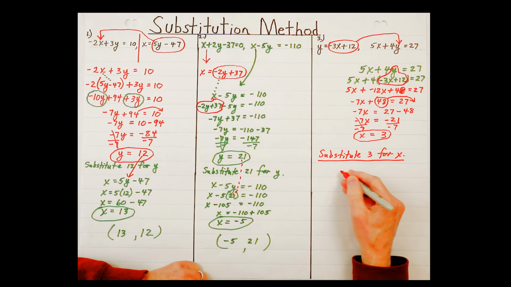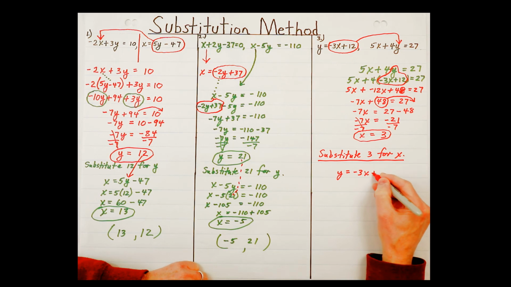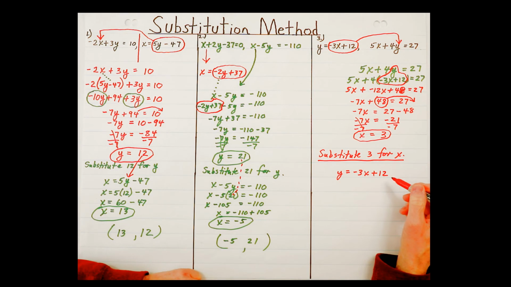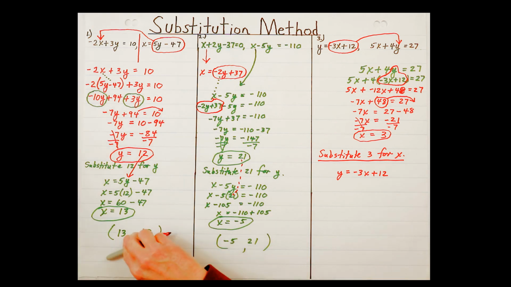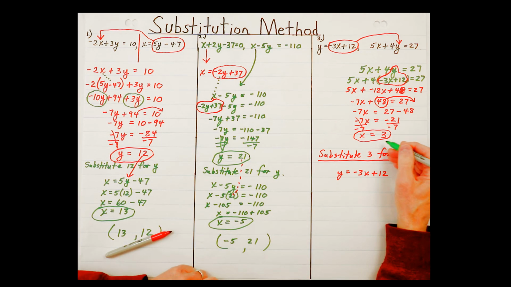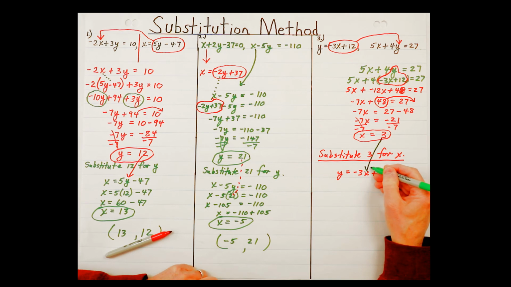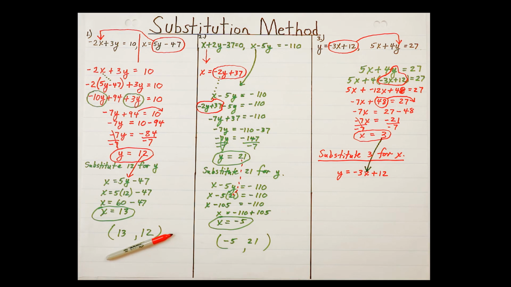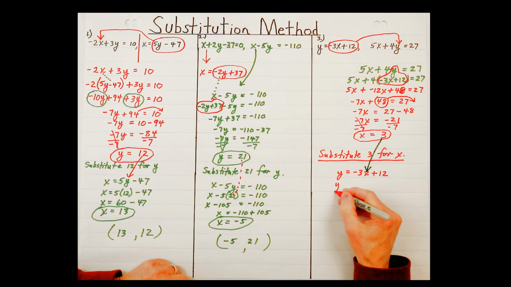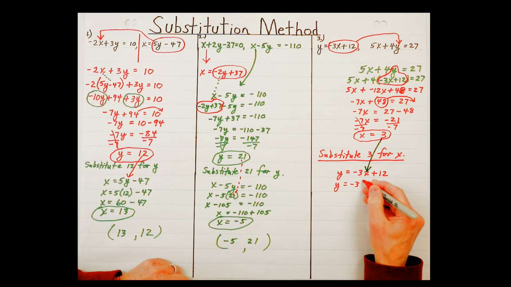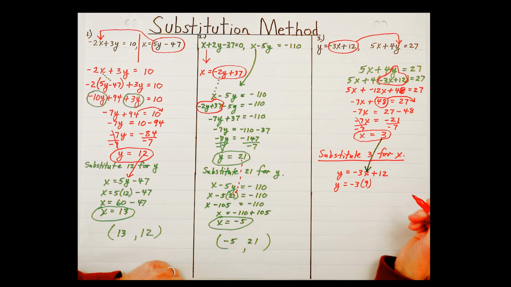So I'm going to use the first equation. Y equals negative 3x plus 12. And we are going to put that 3 in place of x. Y equals negative 3 times 3.